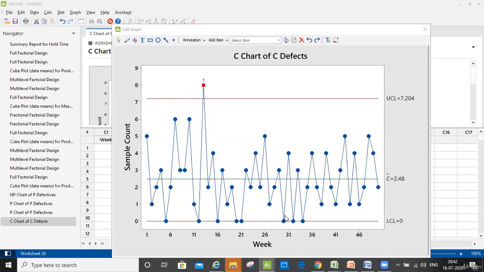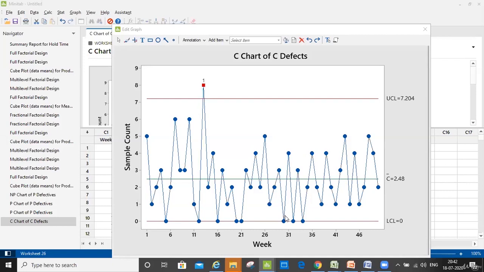Very rare you would find. If you find, you would try to work on it. So this is just an example where you see there's an oscillation, up and down, but very rarely would you see that when you have implemented the right amount of tools and structural solutions and used all the perfect combinations of FMEA and design of experiments. Okay, so this is an example of C chart.